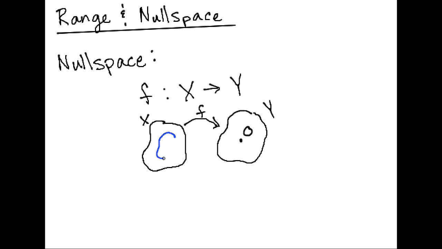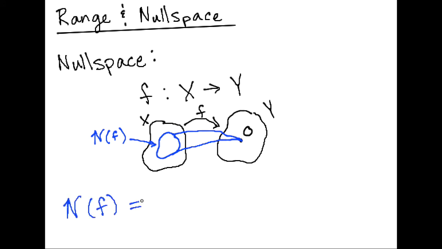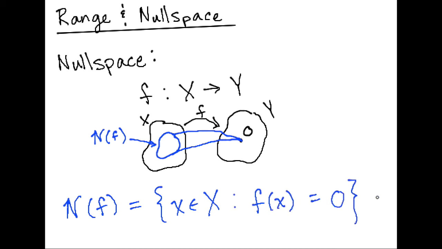The null space is focused on what elements of x map to this 0 element. So it is a subset of the domain. Formally, the null space of f is the set of all x in the vector space x such that f of x is equal to 0.